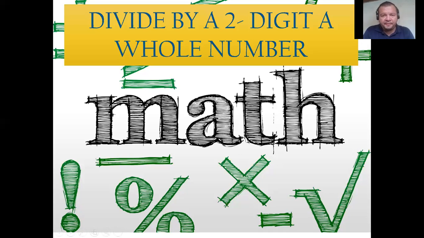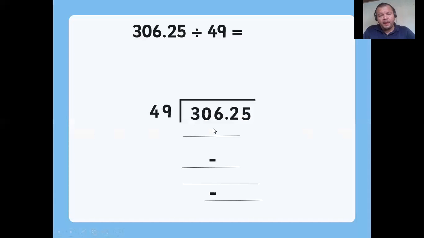Okay, divide by 2 digits a whole number. We have 306.25 divided by 49. First of all, we're going to see how many digits I will take to start my division.